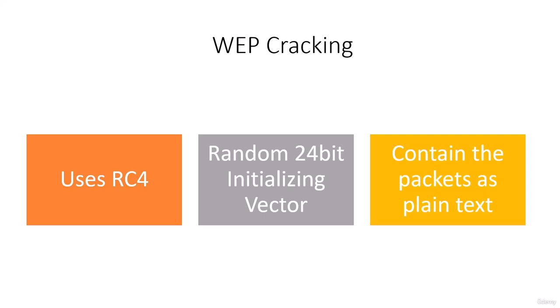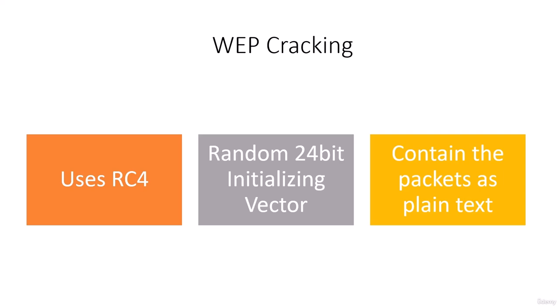The client has the key, so the client then decrypts it. In the same way, when the client sends a packet, it encrypts it and sends it to the air, and the access point receives it. The access point has the key, so it will decrypt the packet.